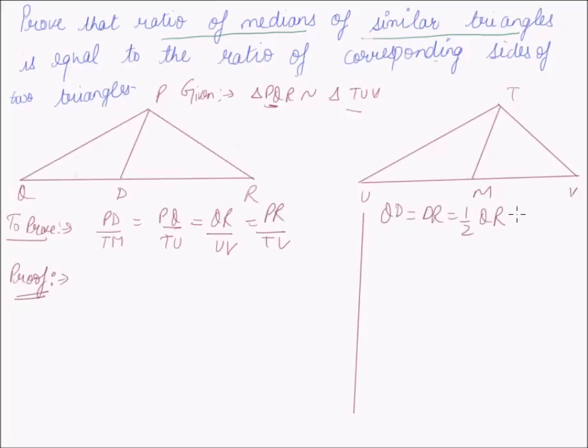Or we can say that QR is equal to twice of QD. Similarly, by the same calculations, we can say that UV is twice of UM. The complete side is twice of the half of itself, because TM is the median of UV from T.